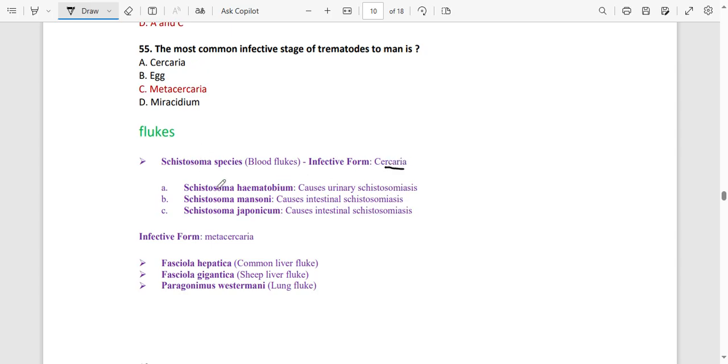And you can see you have got Schistosoma haematobium, which causes urinary schistosomiasis, Schistosoma mansoni, which causes intestinal schistosomiasis, Schistosoma japonicum, intestinal also. But for the other flukes, the infective form is the metacercaria, like Fasciola hepatica.